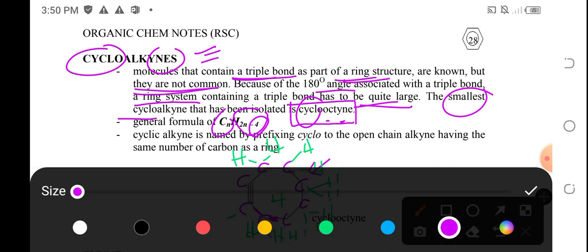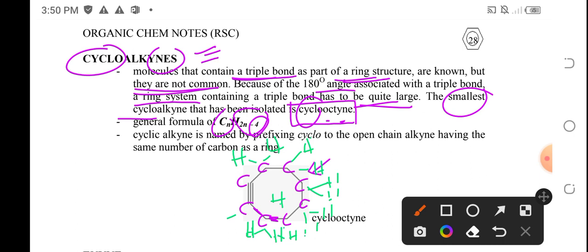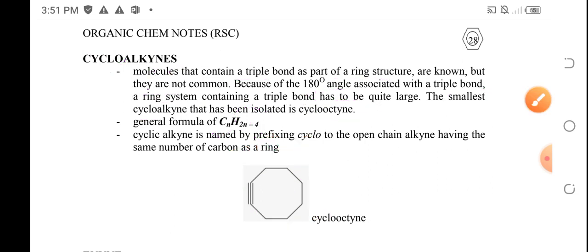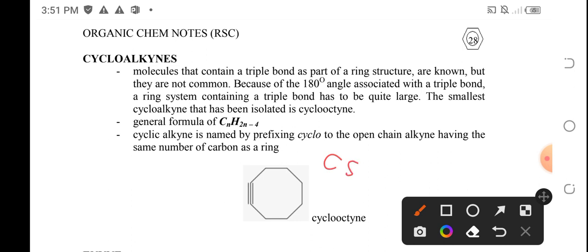So, bilangin natin kung ilan yung hydrogen na inilagay natin kanina. So, this is 1, 2, 3, 4, 5, 6, 7, 8, and this one, 9, 10, 11, 12. So, nasatisfy natin yung C8H12. Bakit 12? Kasi sabi natin, you double the n, which is 8.